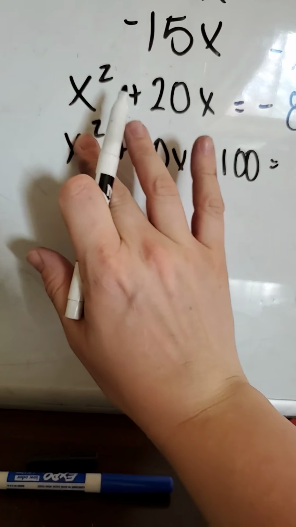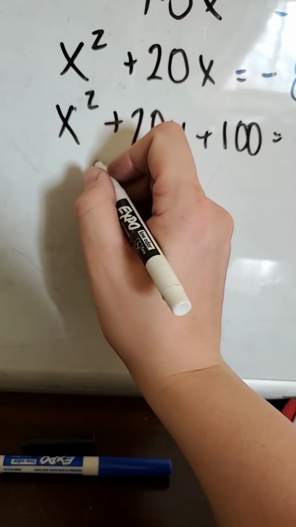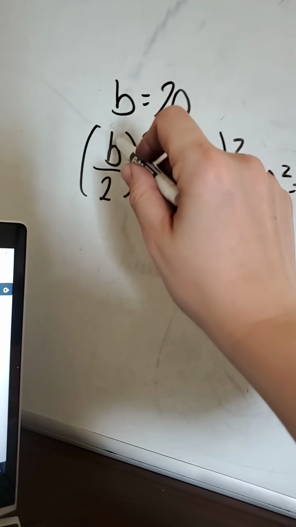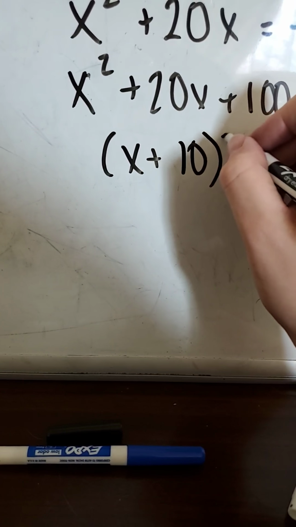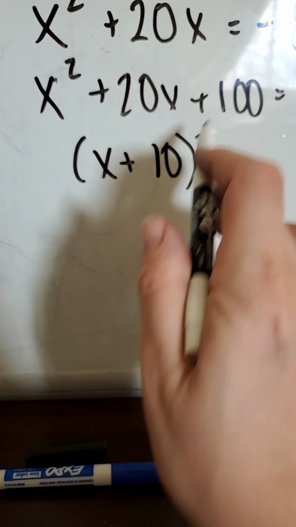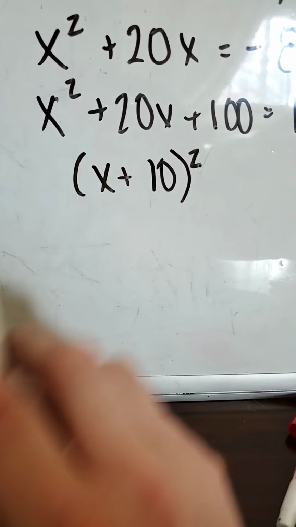All right, now here is our perfect square. The way you set it up is you say x plus, and it's whatever this thing was. That's b over 2. That's what's going to go right here, b over 2, which was 10. This is x plus 10 times x plus 10. That's what this factors or expands out to.